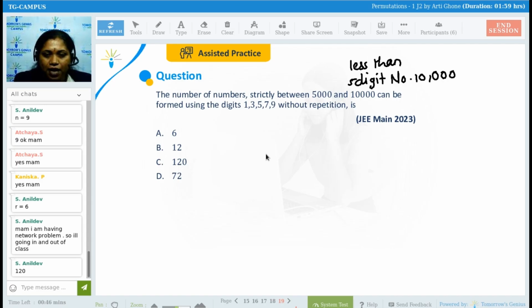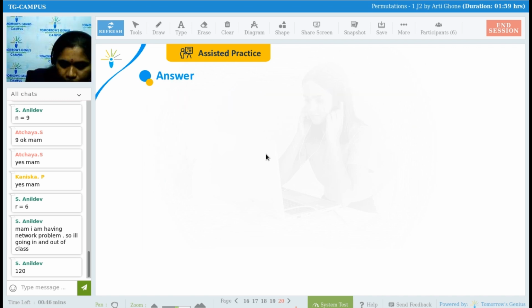So it is a 4-digit number only. Clear? So they are just confusing you. So we have to form a 4-digit number between 5,000 and 10,000, excluding 10,000. And we are not taking repetition, because this is an important case. Without repetition is mentioned. So what will be the case? These are the hints.